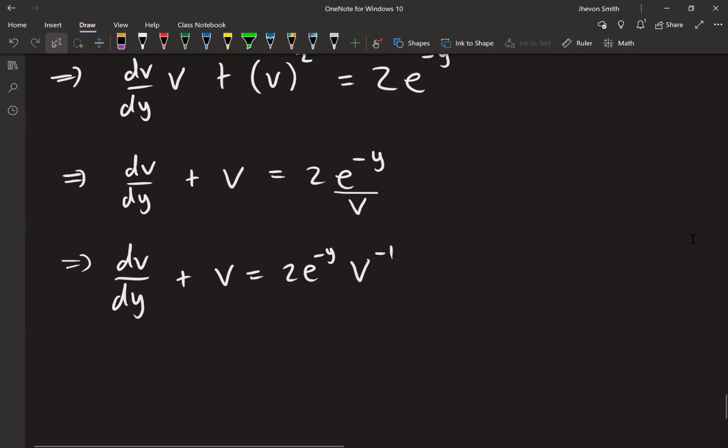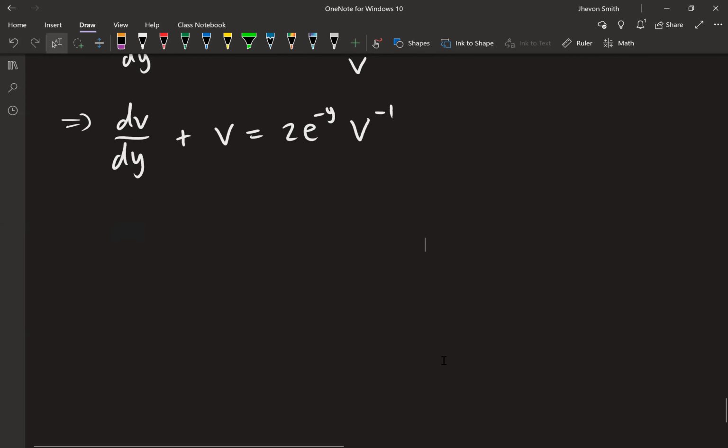Okay, now what kind of equation is this? It's not linear. Remember what linear means. Linear means you have a first order equation like y prime plus p times y equals some g of t, right? So there's no y on the right side.